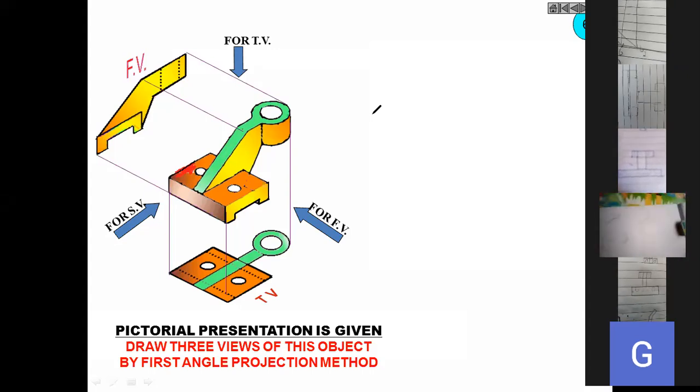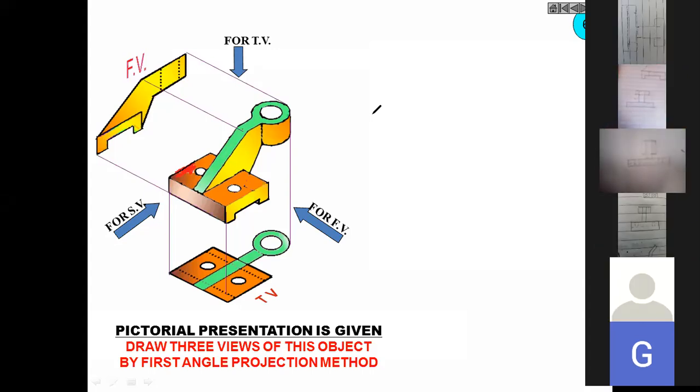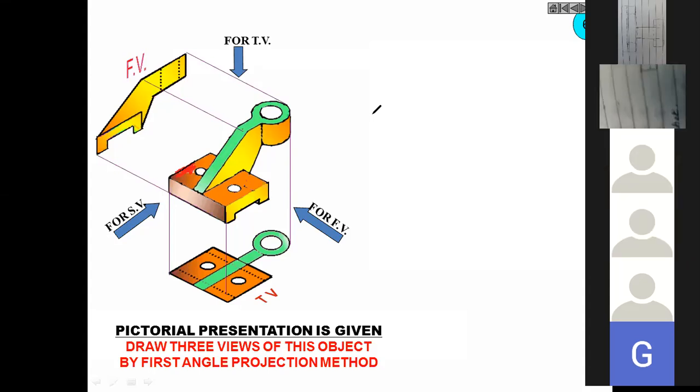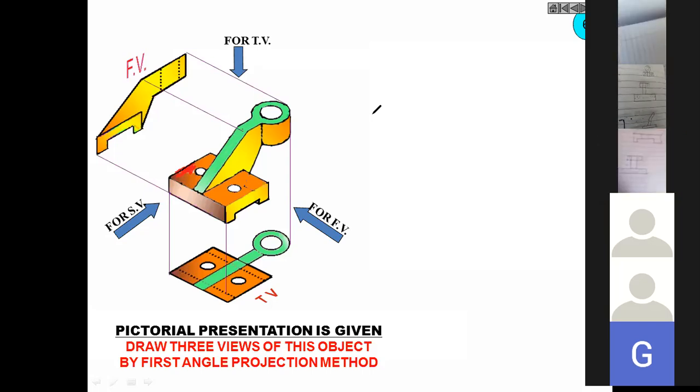ME005, take it near. CH004, Deacon. There is minor mistake in this, minor. Find it out. CH012, it is not correct. There are minor mistakes.